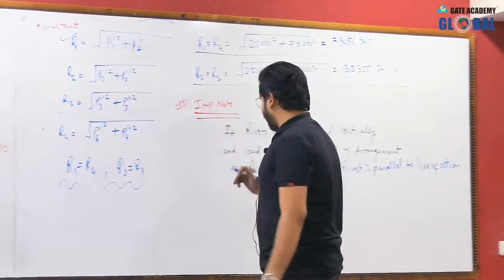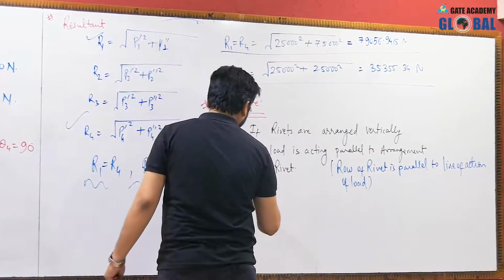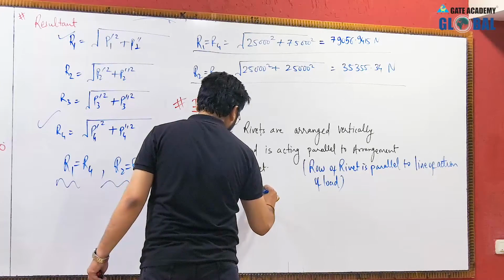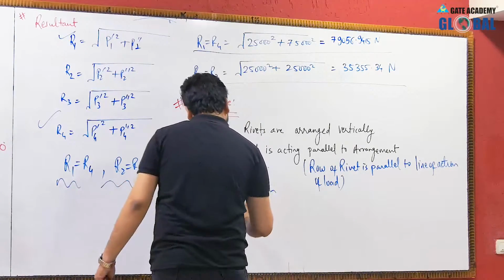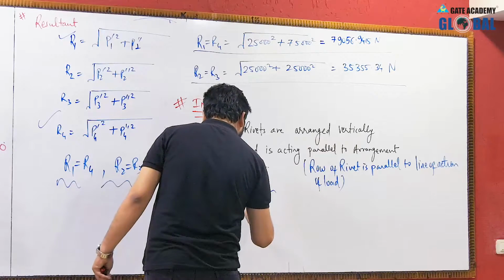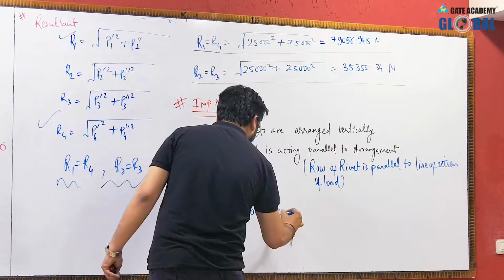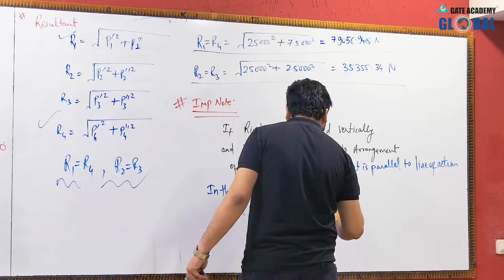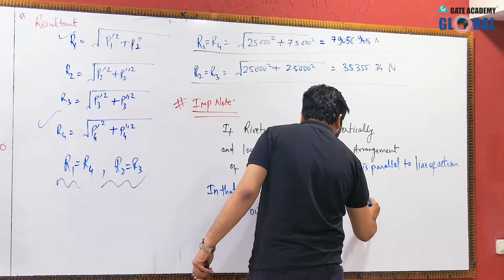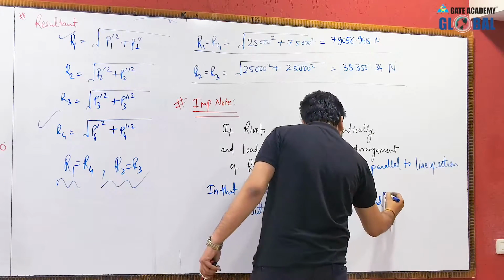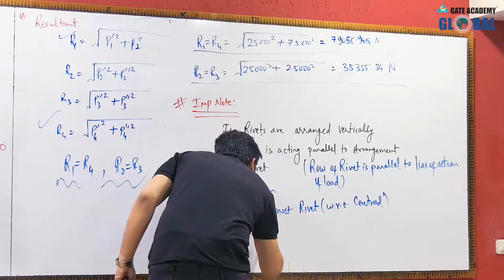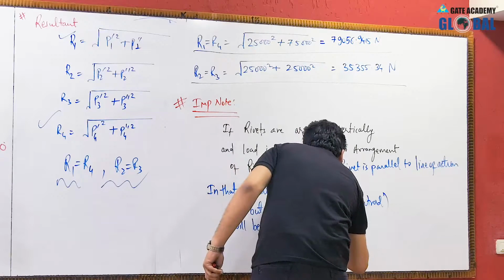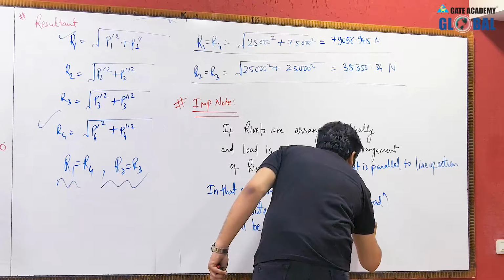So in that situation, the outermost rivet with respect to the centroid will be the most critical rivet.